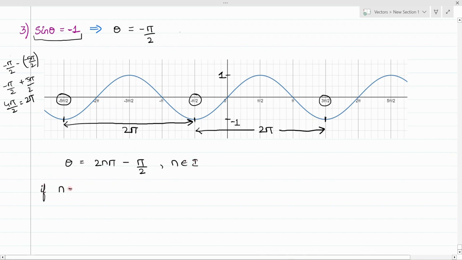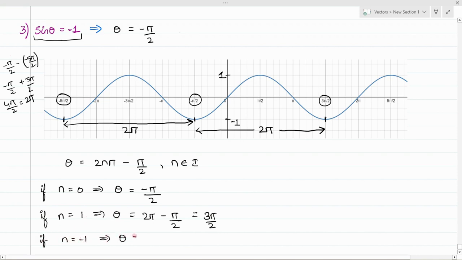If n is 0, theta becomes minus pi by 2, which is the basic solution. And if n is 1, theta becomes 2 pi minus pi by 2, which is nothing but 3 pi by 2. Similarly, if n is minus 1, theta becomes minus 2 pi minus pi by 2, which is nothing but minus 5 pi by 2.